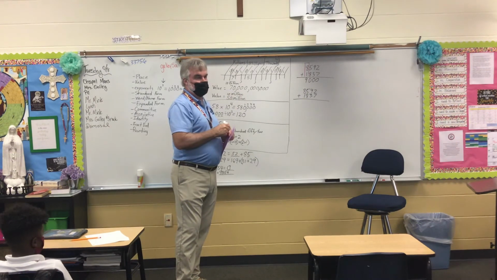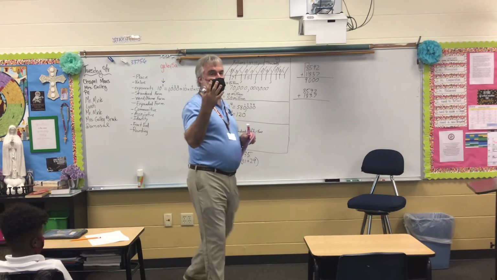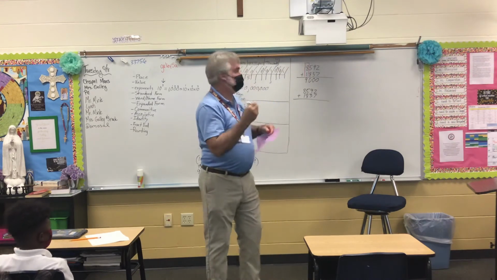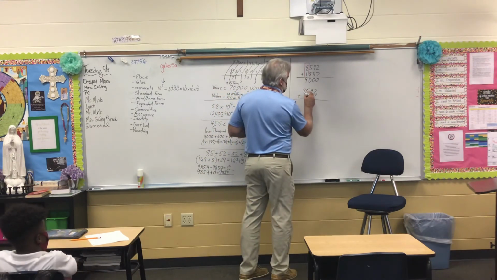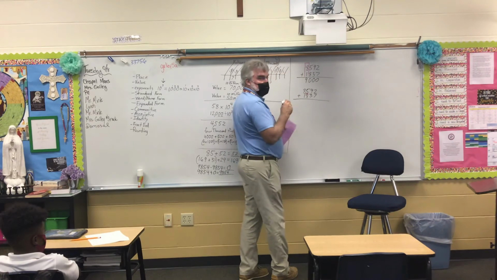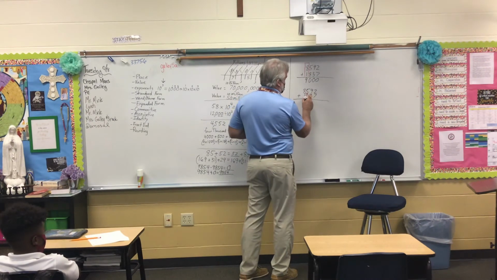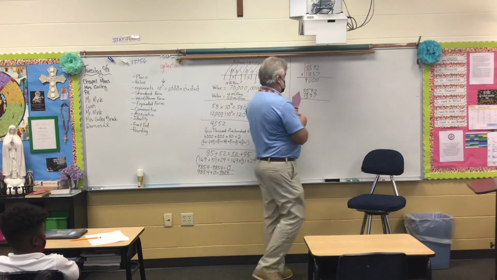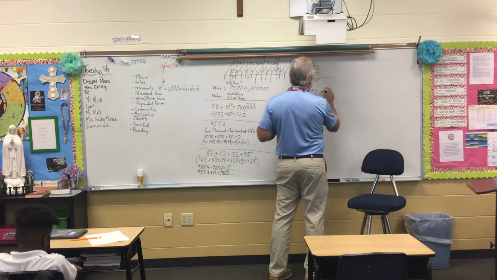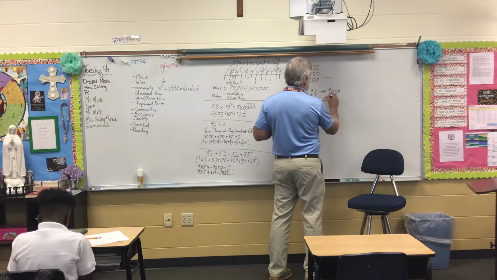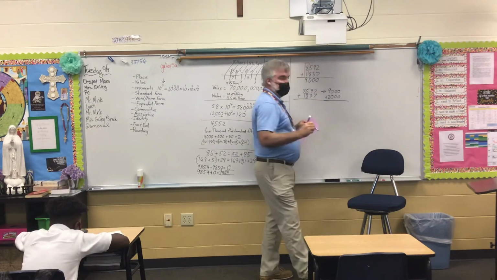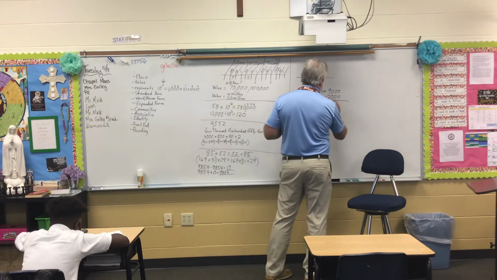It goes to 9. Anything 5, 6, 7, 8, 5 and above, it goes up. So this 5 is going to tell that 8 to become a 9. This 8, like you said, is going to make the 1 become a 2. So now all of a sudden, we're going to have 9,000 plus 2,000, and we would get 11,000.